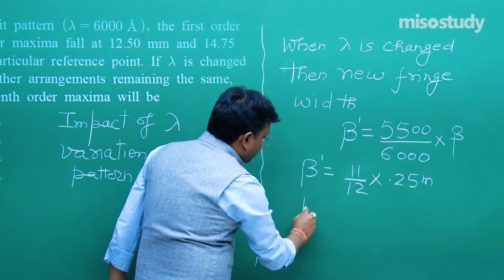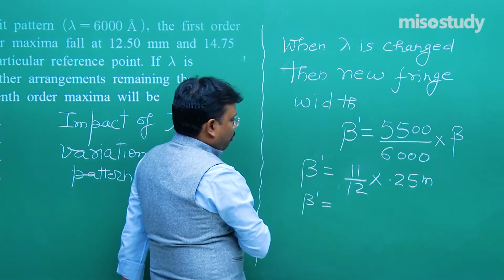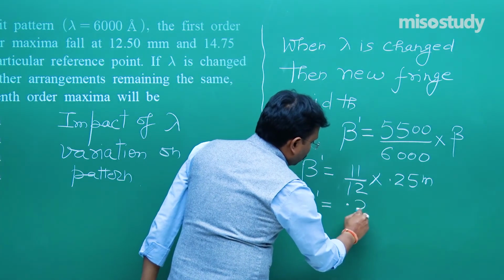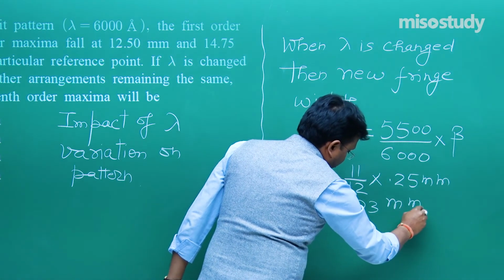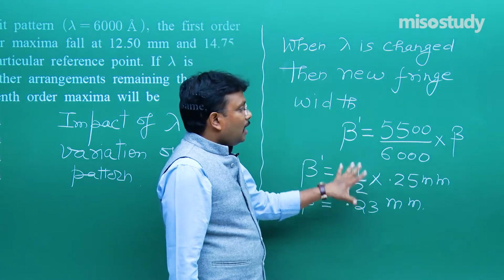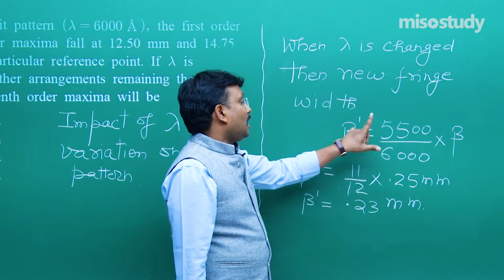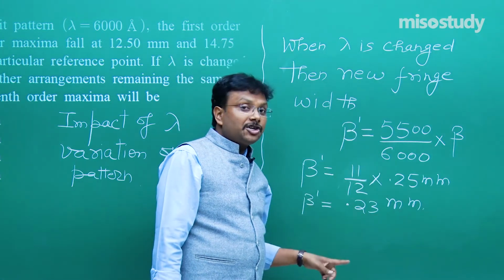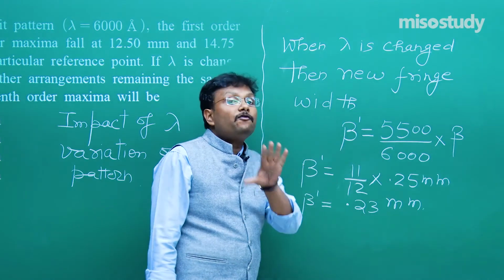When we solve it, it will give us beta prime equal to 0.23 mm. So, this is the new fringe width when you are changing the wavelength. This is again very important, the way I mentioned how lambda change will produce some changes in the fringe width.